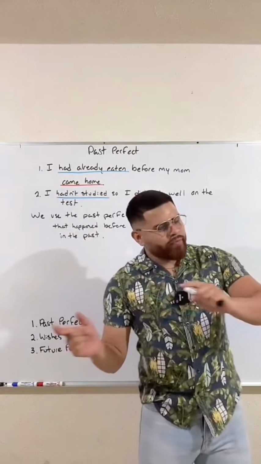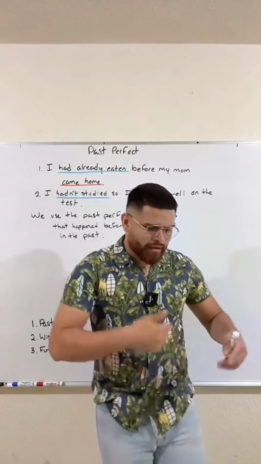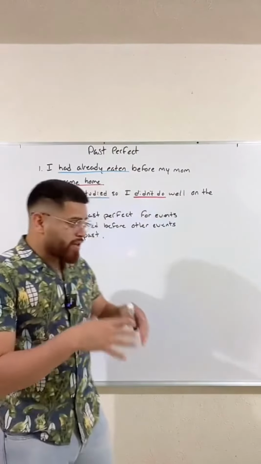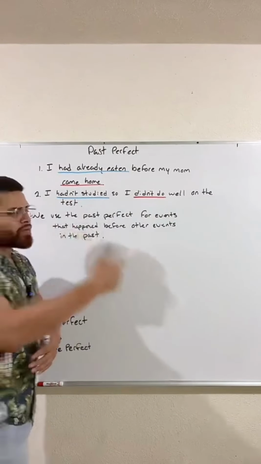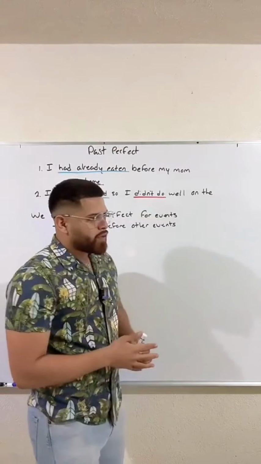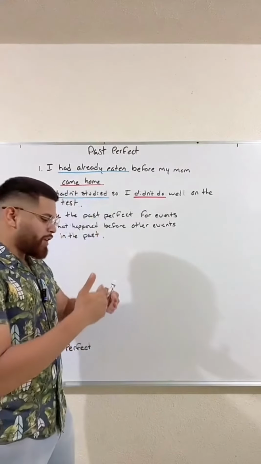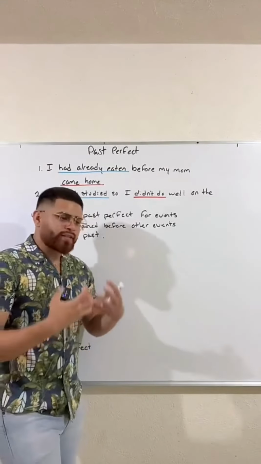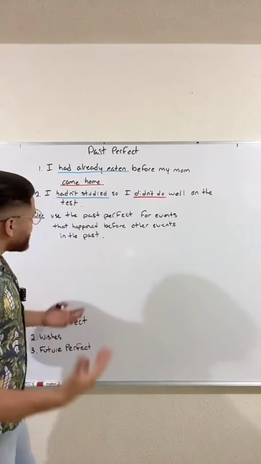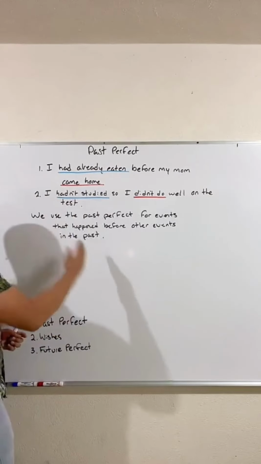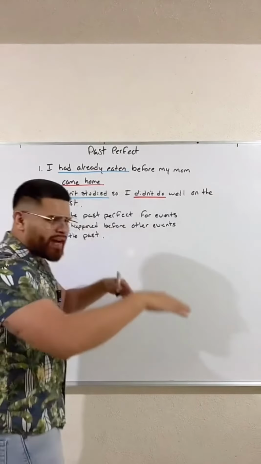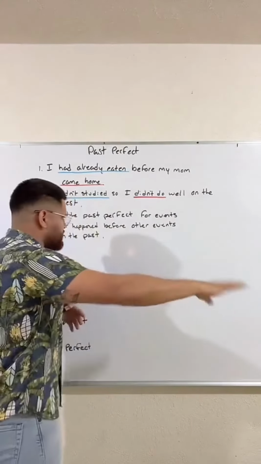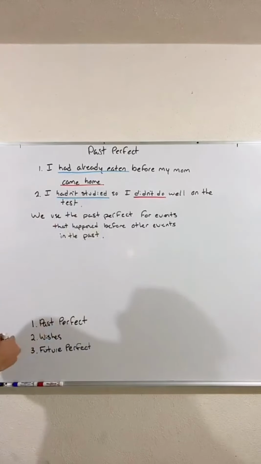So if we think about it, like being in those situations, maybe you're eating and then a few hours later your mom comes home. Okay? The past perfect helps us to put our events in order, and the past perfect is the event that happened first. And then we usually use the simple past for the event that happened next. All right?